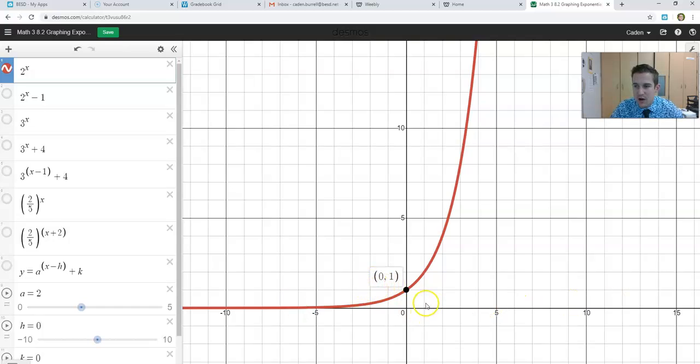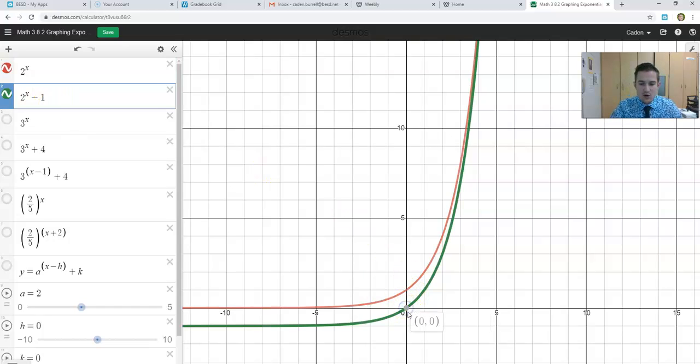So how is this graph going to change if I type in 2 to the x minus 1? If I change the k value in that function, how is that going to affect this graph? Think for a second what you think is going to happen. That minus 1, that k value, makes it drop down 1 unit. So instead of it crossing the y-axis at 0, 1, that point's going to drop down 1 and be at 0, 0.